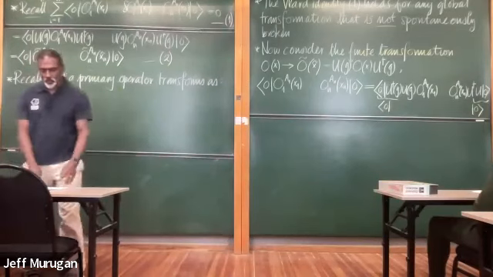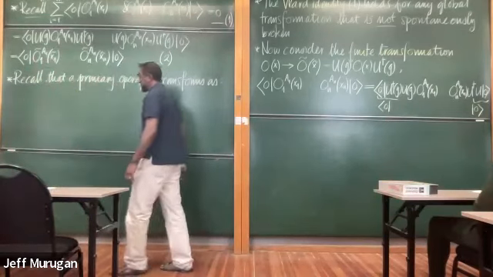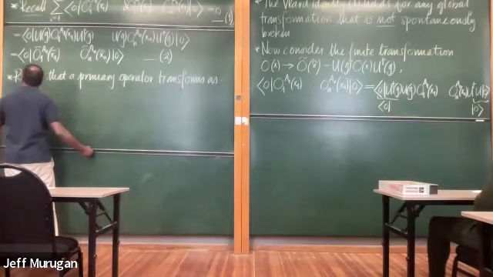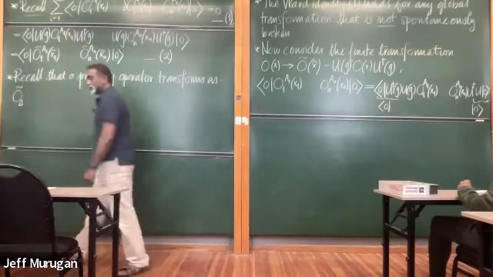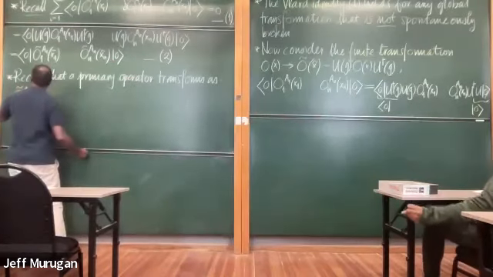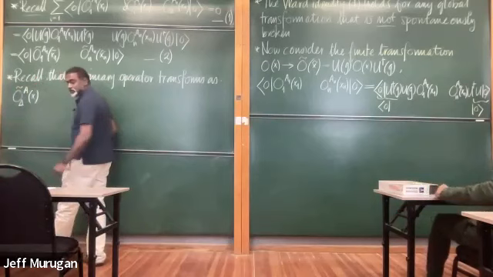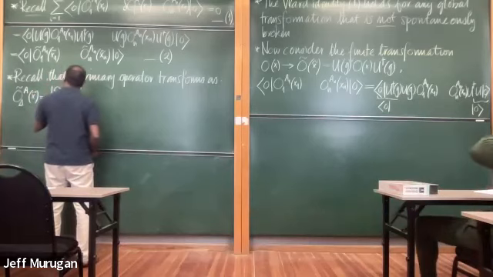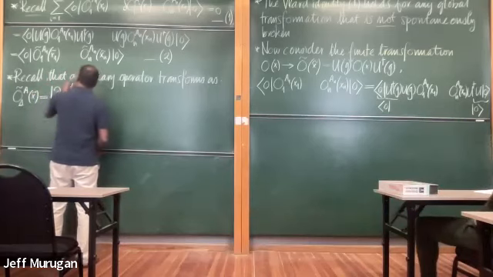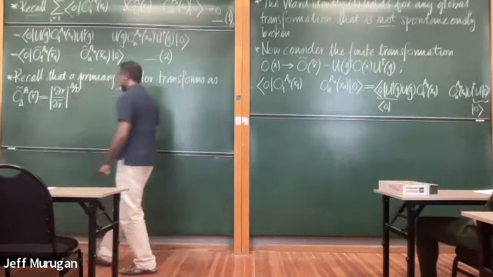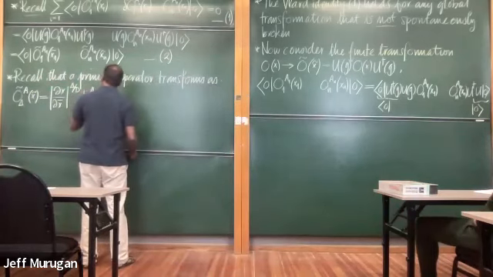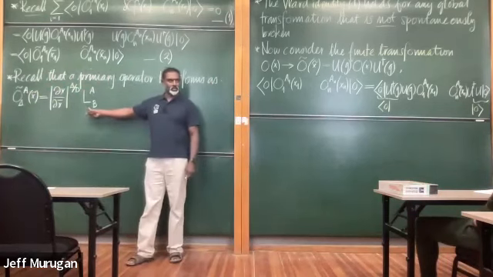So if I have a primary operator labeled by some conformal dimension delta, then it transforms to O tilde, again of A of x tilde, and this is equal to the Jacobian dx tilde by dx to the delta over D, where D is the number of space-time dimensions, times L A B, where this is some matrix that tells me how the Lorentz indices transform.